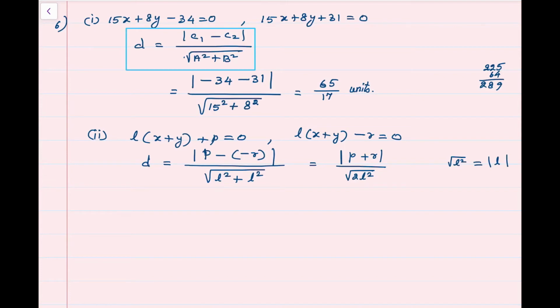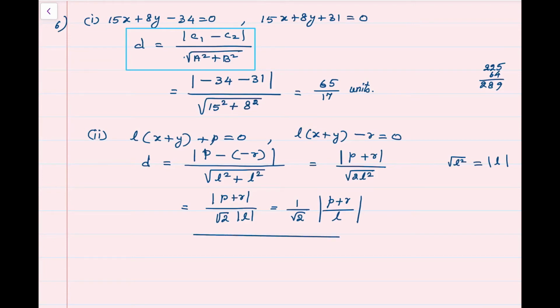Therefore, we will write absolute value of L. Absolute value of p plus r divided by root 2 times absolute value of L. Or we may write the answer as 1 by root 2 times absolute value of (p plus r) divided by L. If the coefficients of x and y in these two parallel lines equations are not the same, either you multiply one of the equations or divide the other equation by some constant to make their coefficients the same, and then use the distance between two parallel lines formula.